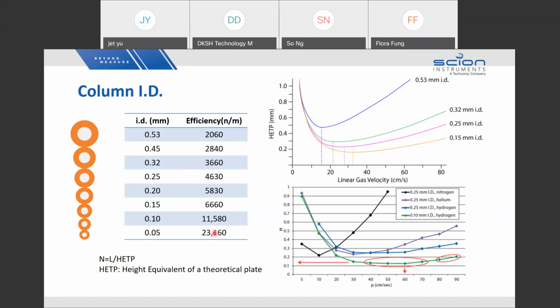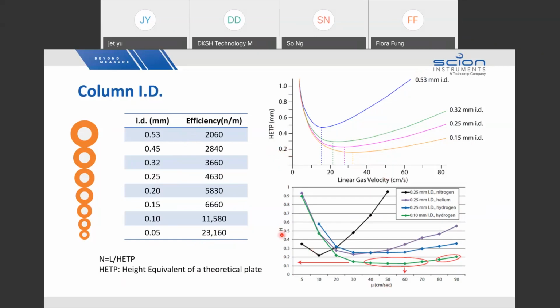For HETP, the lower the number, the higher the efficiency. So look at this photo. Obviously, when you choose a narrow ID, you have a lower HETP, which means you have higher efficiency. Also look at this one.